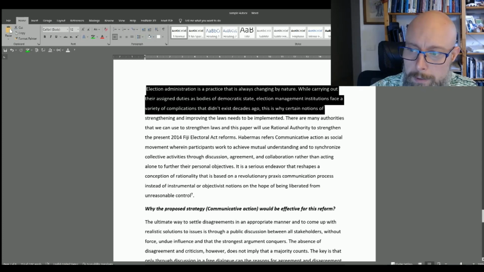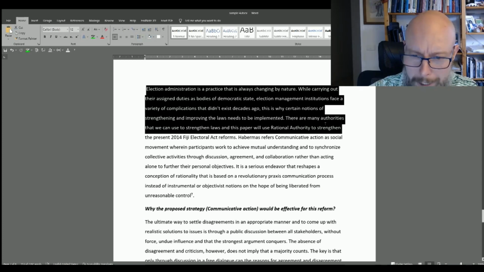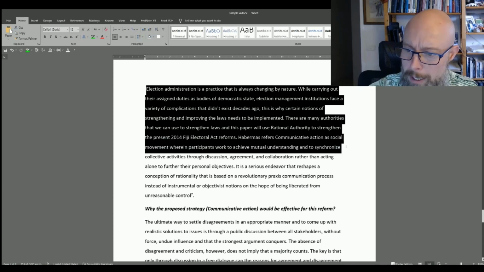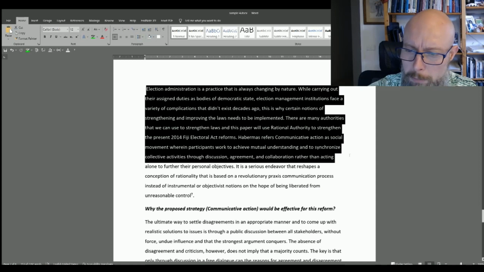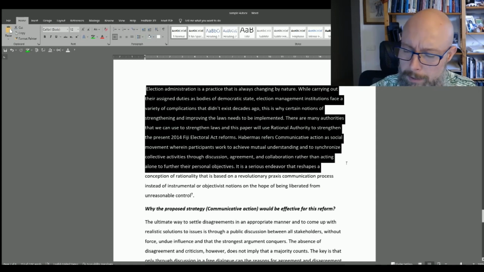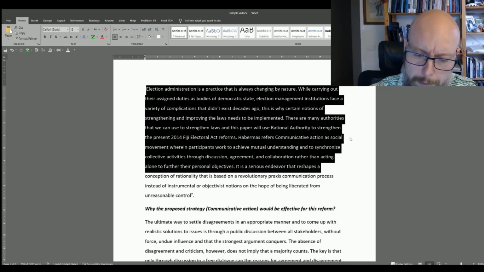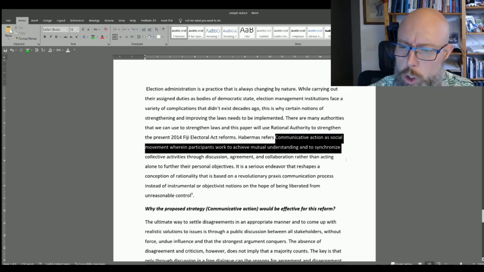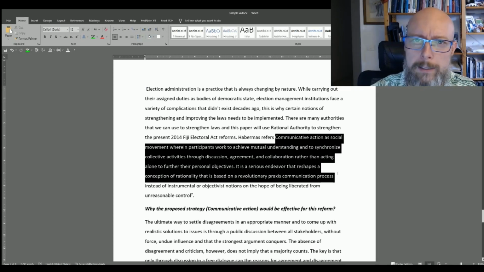Electoral administration changes. Rational authority to strengthen the law. Habermas refers to communicative action as a social movement. So we're going to strengthen the effectiveness of a law that doesn't provide fair procedures for decision making and appeals by communicating with people so that they understand that.